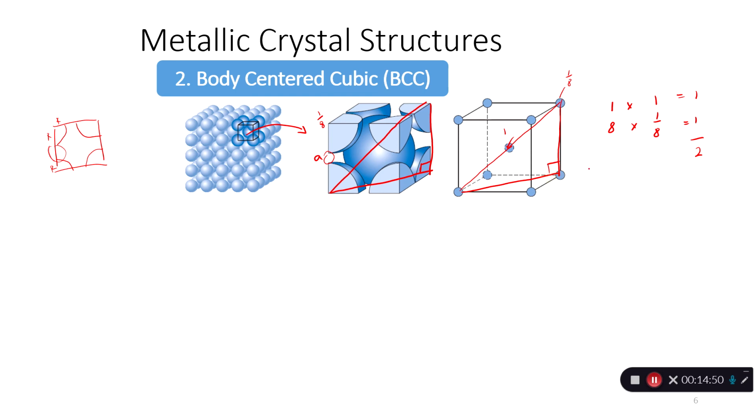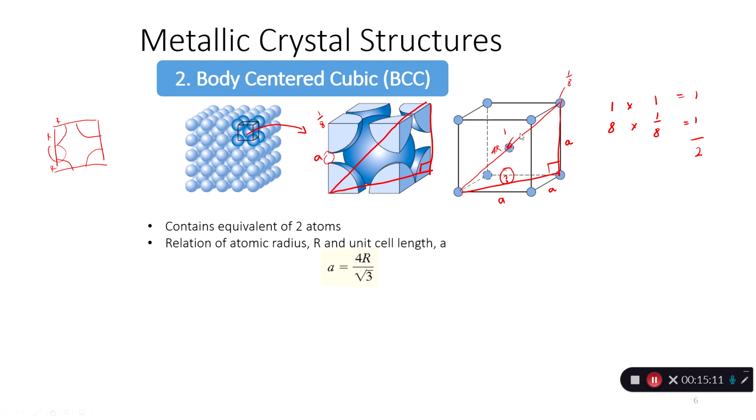First we have to figure out this side. This is A, and then this will be your 4R. So we need to figure this one out first. This is easy because we have A, and you can easily determine this. I'm not going to elaborate. Eventually they will get this. This is the relation between A and R.